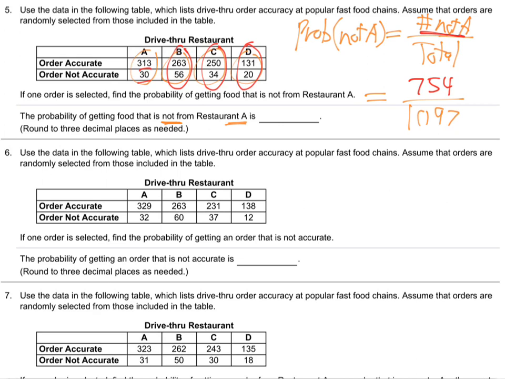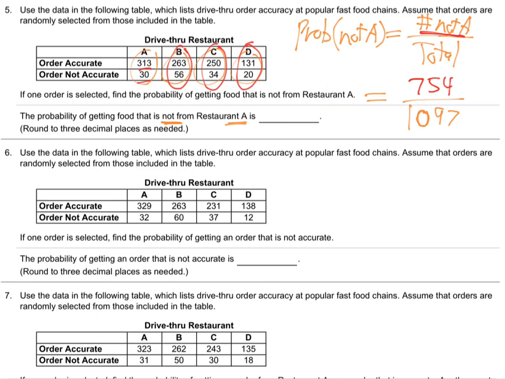How are we doing? Is this making sense with what's happening there? So they're asking for the probability that they're not restaurant A. So I added up all these, 754 over the total. And then you just divide on your calculator. They want it rounded to 3 decimal places.